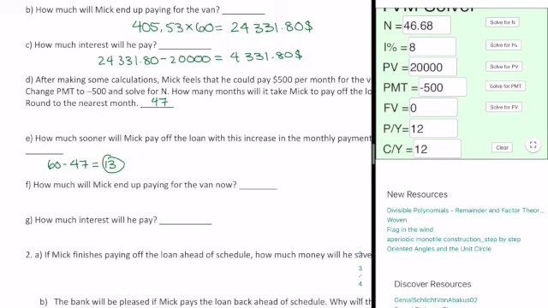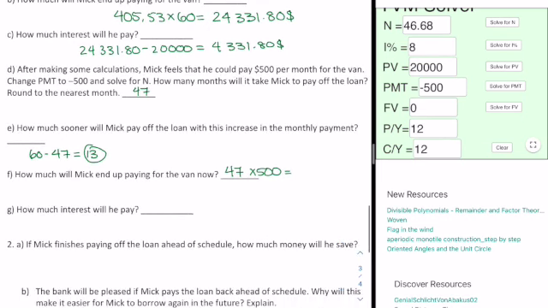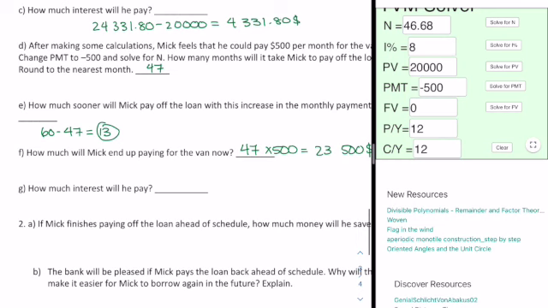And then how much will Mick end up paying for the van now? So he's doing it in 47 months times 500. This is an estimate because obviously it's 46.68. But if we estimate, it'll be roughly $23,500, and then roughly $3,500 in interest.